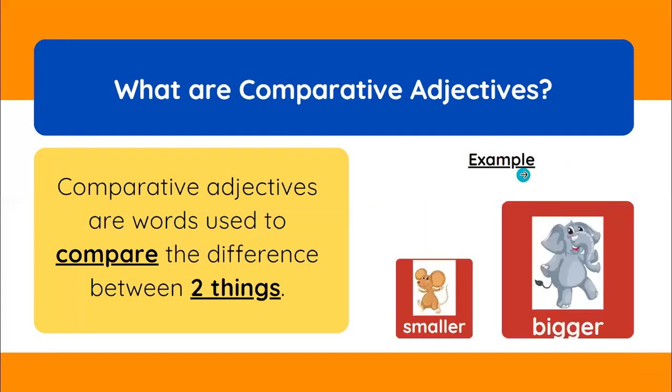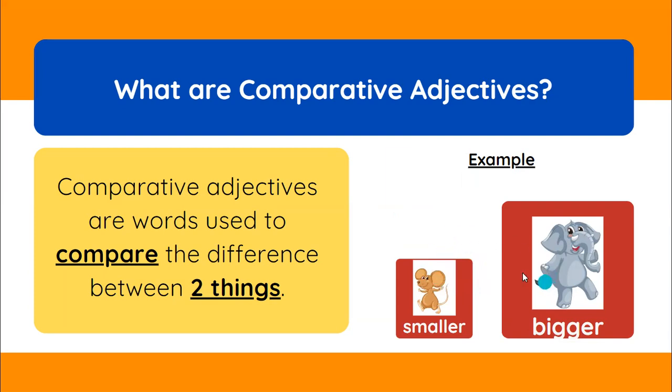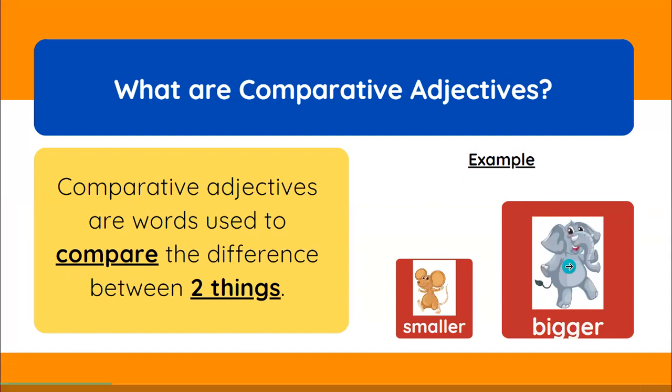All right, so for example, here we have smaller and bigger. What is the word we need to make the emphasis between two of them? The mouse is smaller than the elephant.